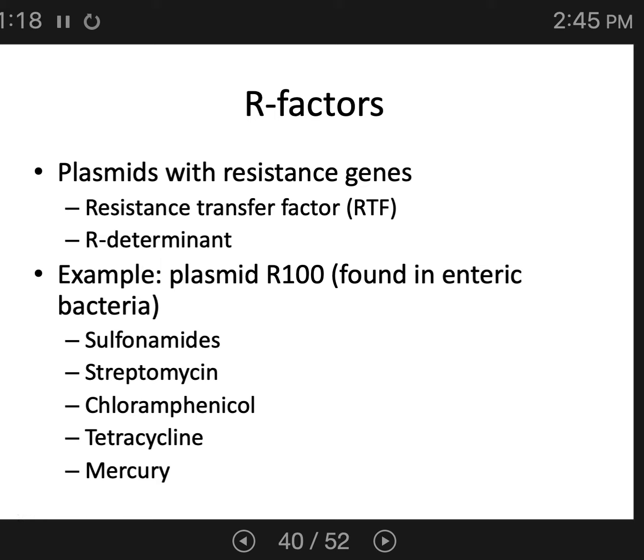Now, I want to give you an example of an R factor that is important for modern medicine. Now remember, this is a plasmid. This is a plasmid that codes for conjugation. This plasmid is not associated with only one species of bacteria. It's an endosymbiont. It's a non-living symbiont.